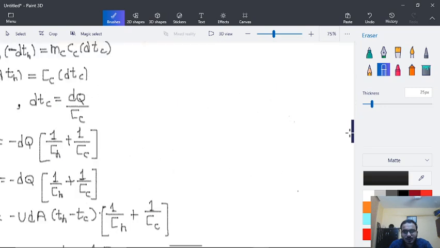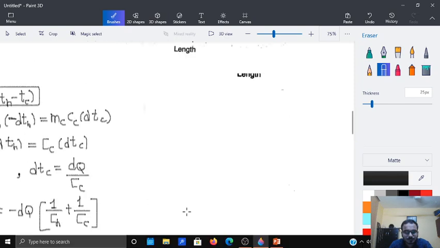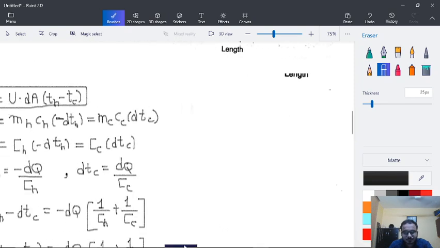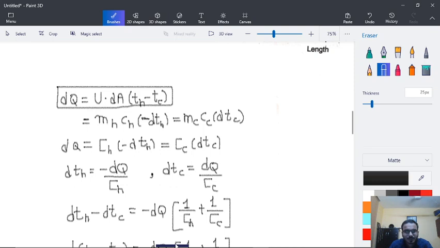Now in case of a counter flow heat exchanger, this first formula will remain as it is.